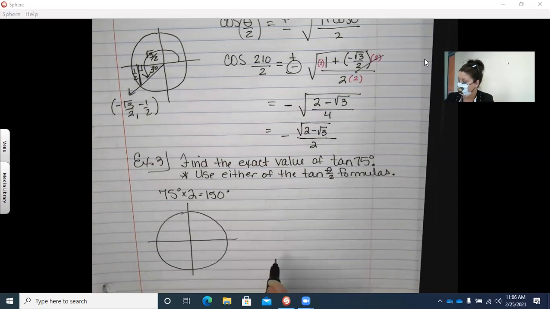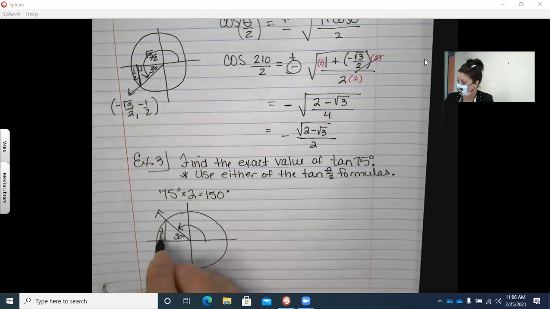All right, so what is the cosine? Negative square root of 3 over 2. And what is the sine? Positive 1/2.